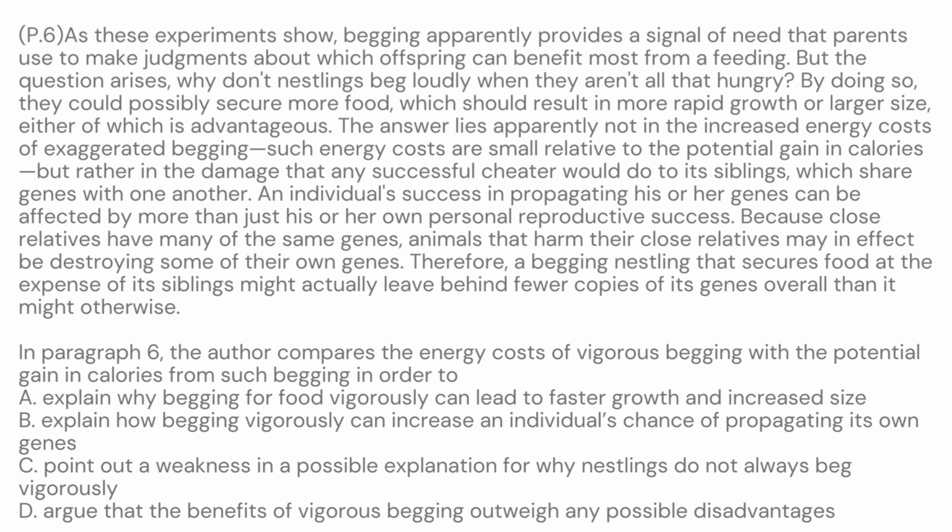Okay, so my prediction will be something like, the author mentioned that because that is an idea that he doesn't agree with. That's an idea that the author does not agree with. The answer lies not in that. So go ahead and look at the answer choices and take a second to choose one. Remember to use the process of elimination aggressively.